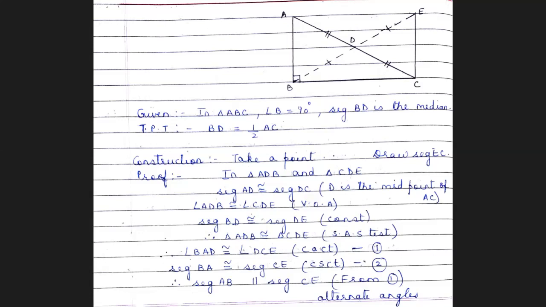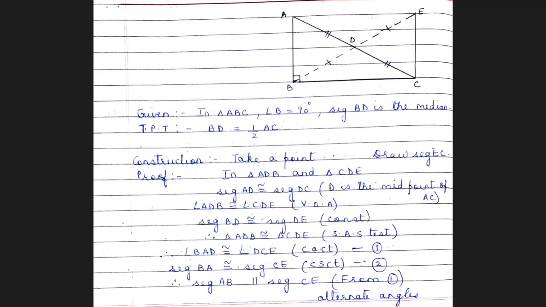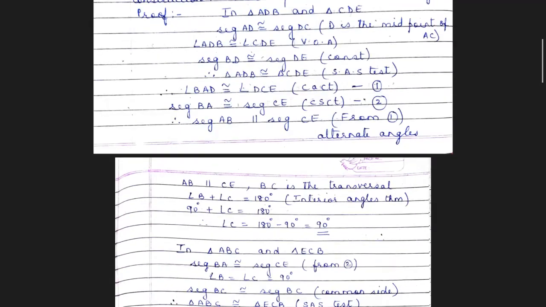Now, since AB is parallel to CE, what can you say about the interior angles ABC and angle ECB? Both will be equal to 90 degrees. So angle ABC equal to angle BCE will be 90 degrees each because the sum of the interior angles will be supplementary. Okay, so angle ABC and angle BCE will be equal to 90 degrees.